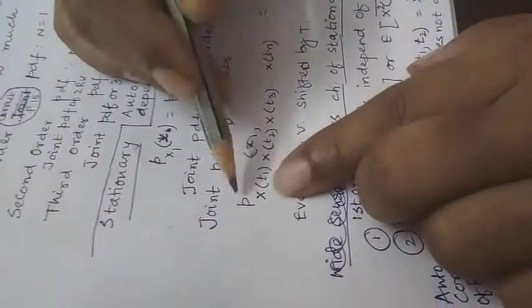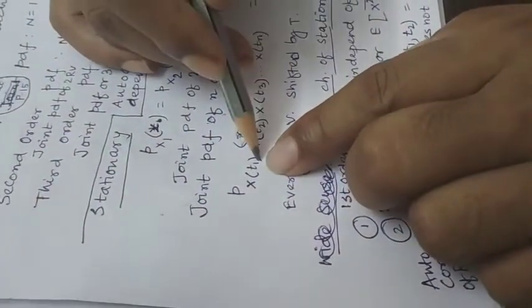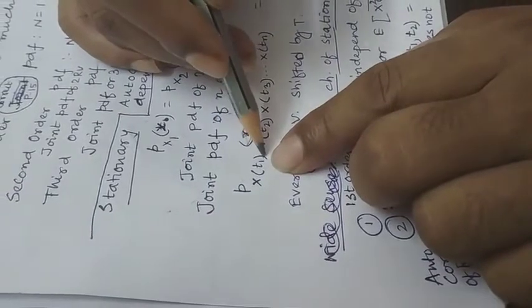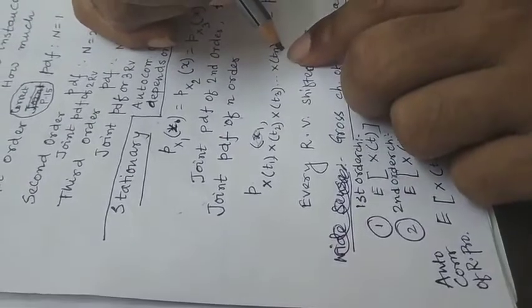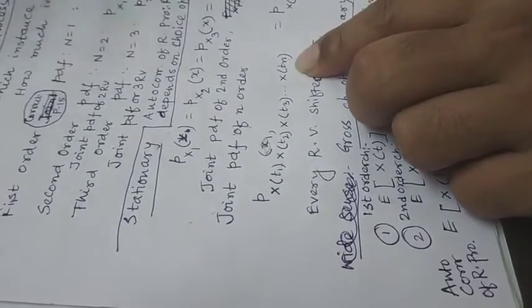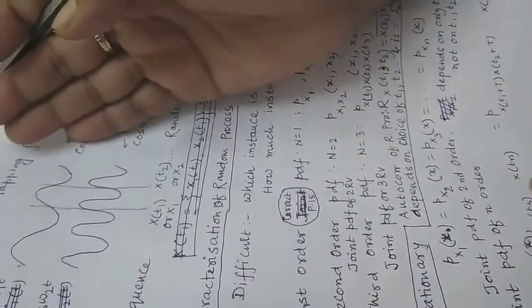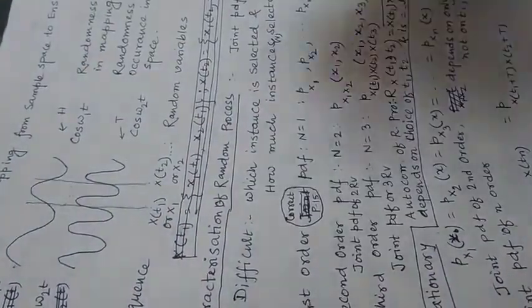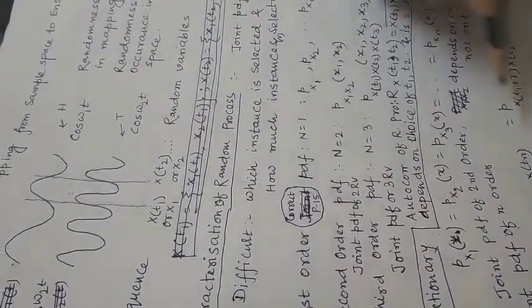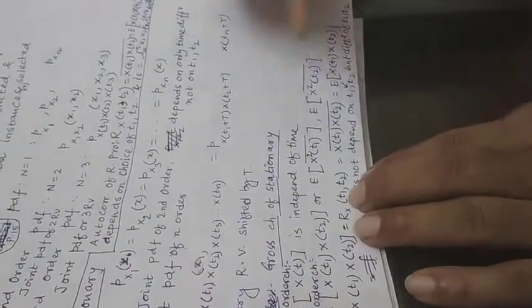That means we take the joint probability density function of x(t1), x(t2), x(t3) up to x(tn), all n random variables, and shift the total process by capital T. If this remains the same, then we call it a stationary random process. For gross characterization by mean or autocorrelation, what are the criteria?